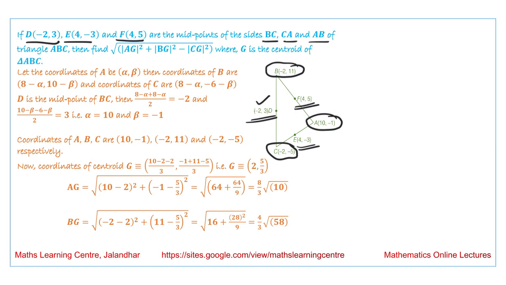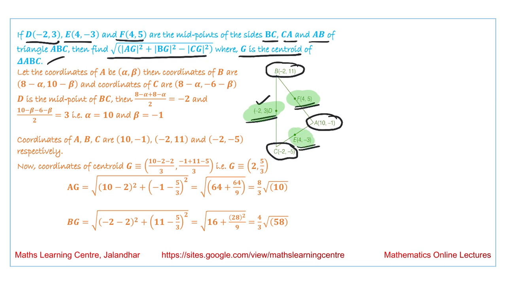These are the midpoints of these three sides. Then we have to find the square root of AG square plus BG square minus CG square, where G is the centroid of triangle ABC. So the coordinates of these three midpoints are given to us.